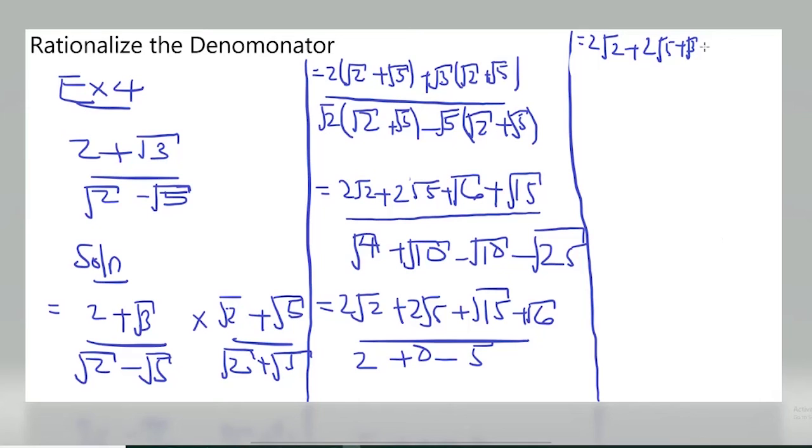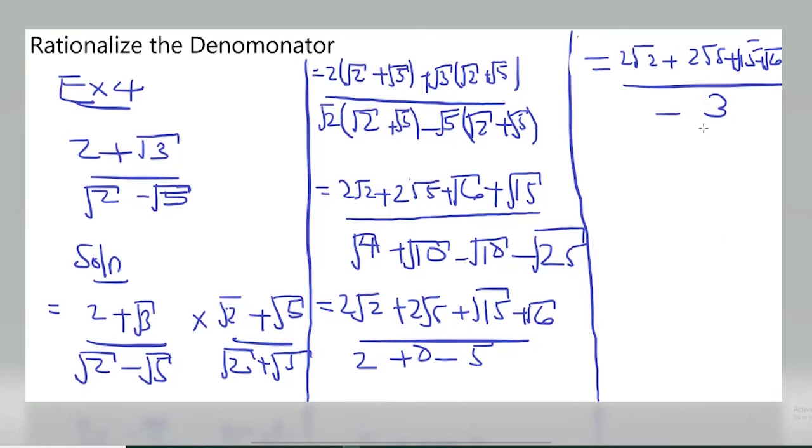I don't want to complicate it more. Okay, let that end there. Then 2 root 2 plus 2 root 5 plus root 15 plus root 6. Now this one over 2 minus 5 is negative 3. Okay, this is the final answer of this expression.